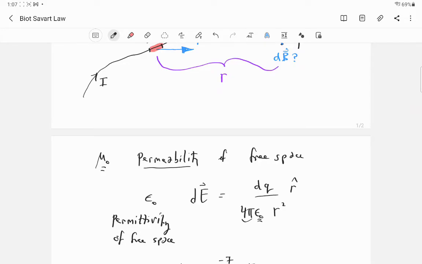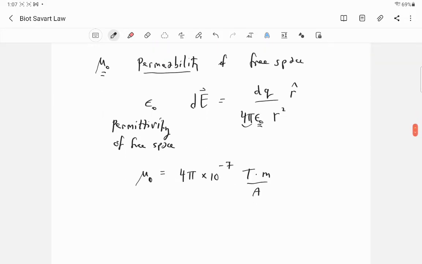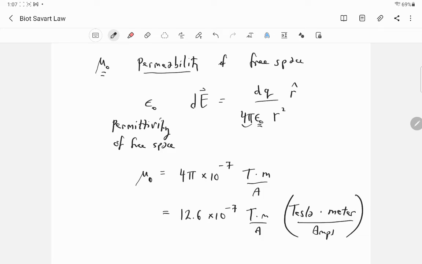Okay, so just for the sake of completeness, if you calculate 4 times pi, it's about 12, because pi is about 3. It's a little bit bigger than 12. So this turns out to be about 12.6 times 10 to the minus 7, same units, Tesla meter per amp, right? Teslas times meters per amps. So those are the units of the permeability of free space.